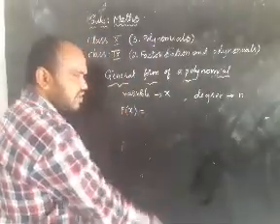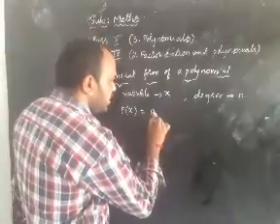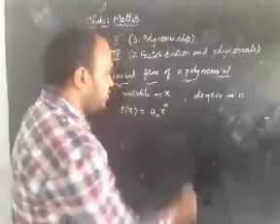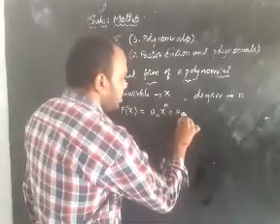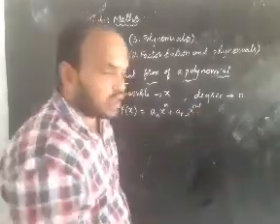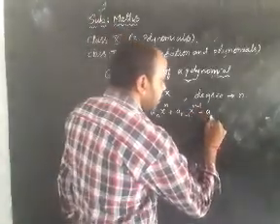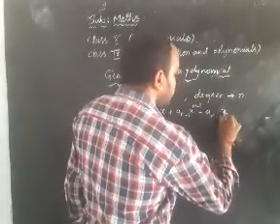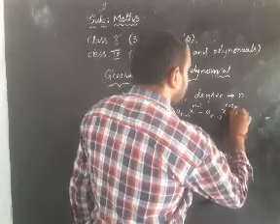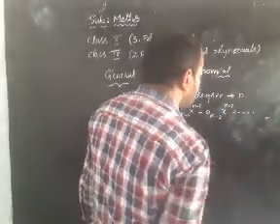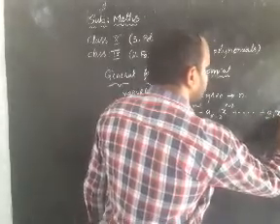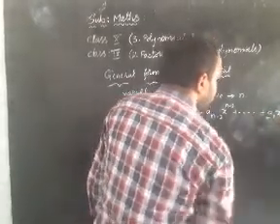P of x is equal to an into x to the power of n plus an minus 1 into x to the power of n minus 1 plus an minus 2 into x to the power of n minus 2, plus so on up to a1 x plus a0.